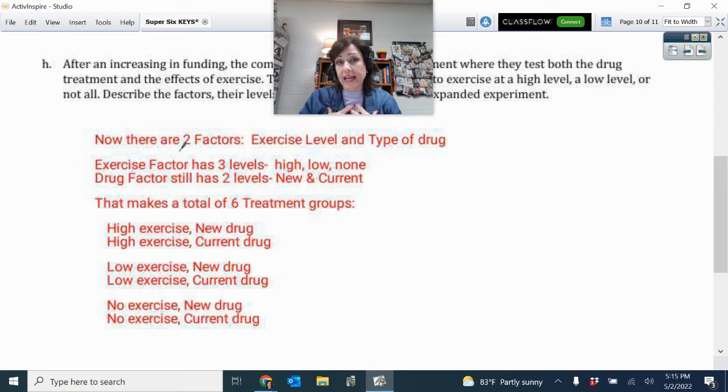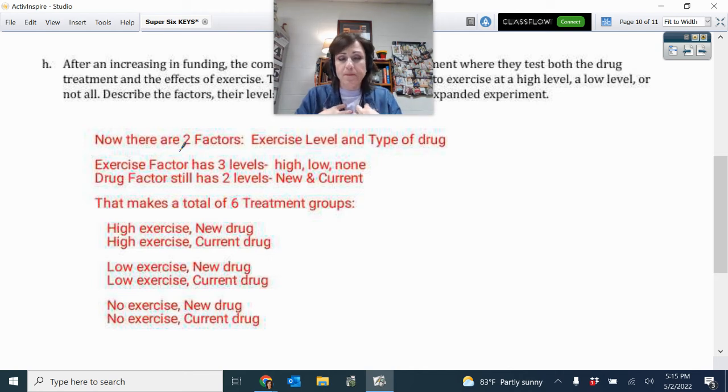So it wasn't a natural trait that we blocked by. They randomly assigned to a treatment of exercise as well. So here now there are two factors. Each subject will get assigned either an exercise level with high, low, or none, three levels.